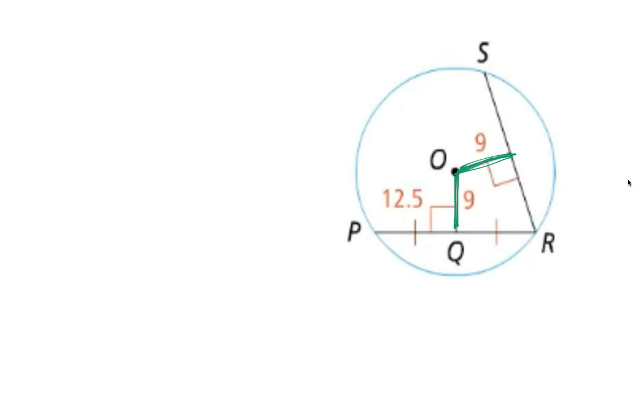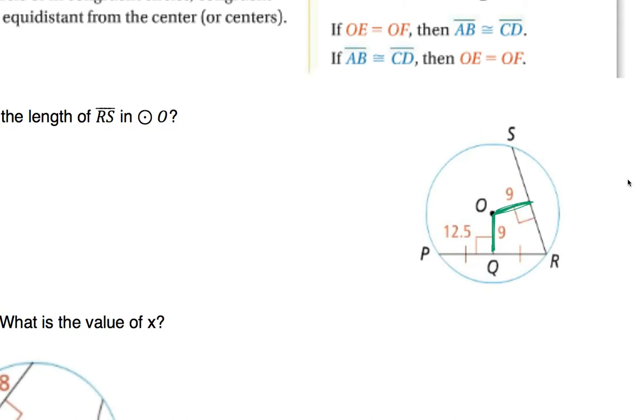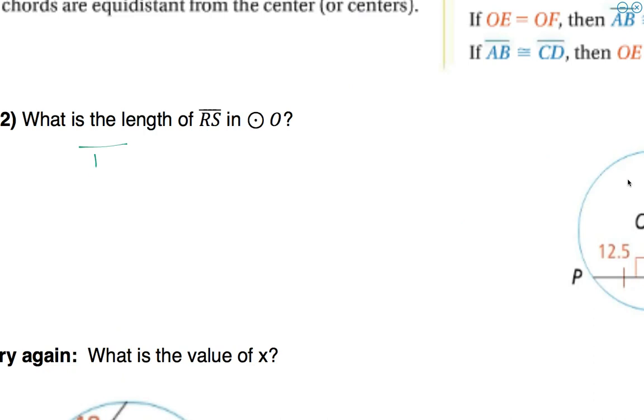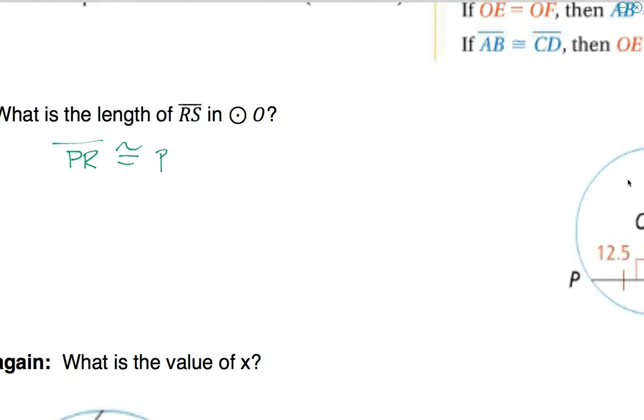So we know that PR is congruent to RS, because they're the same distance away.